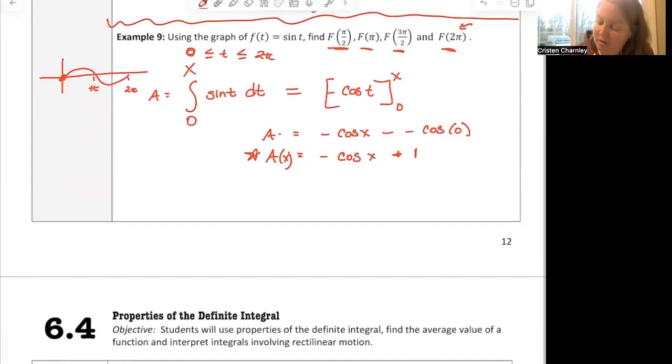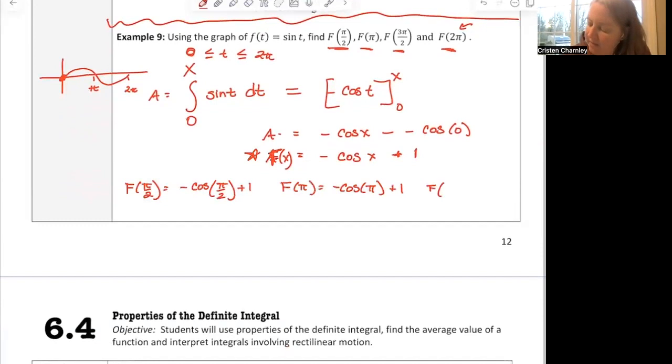So they're going with f, so let's go with f. So if I want f of pi over 2, that is negative cosine of pi over 2 plus 1. We'll come back and figure that out. And f of pi would be negative cosine of pi plus 1.